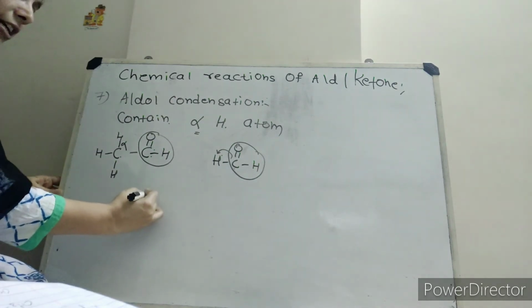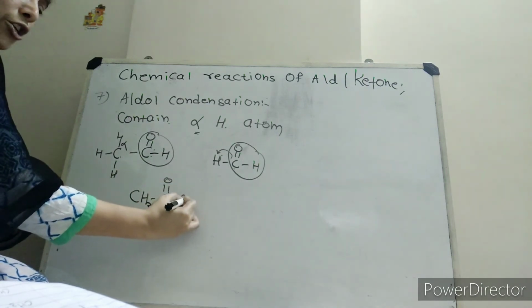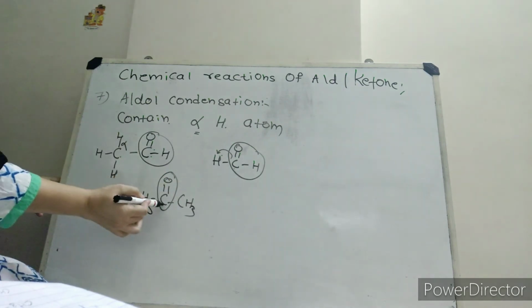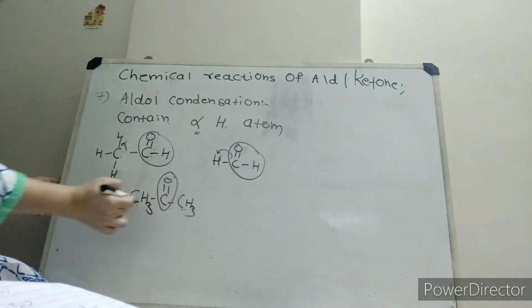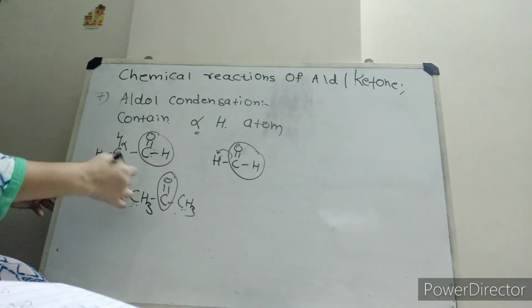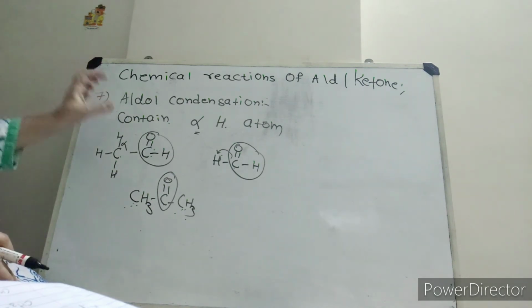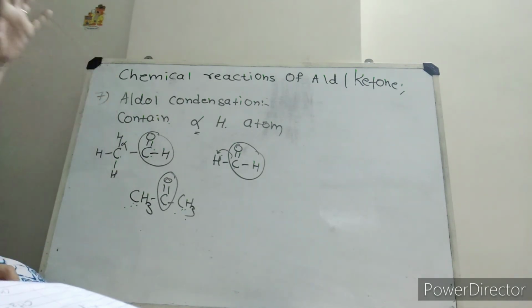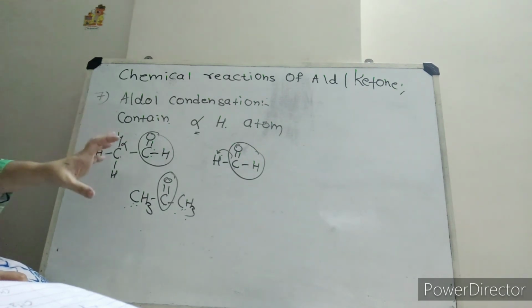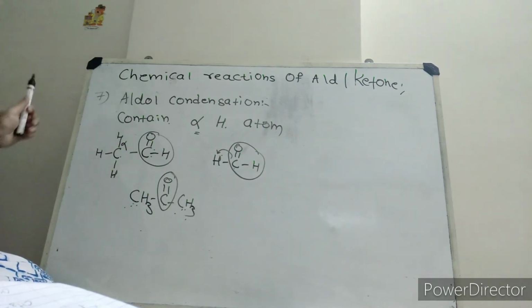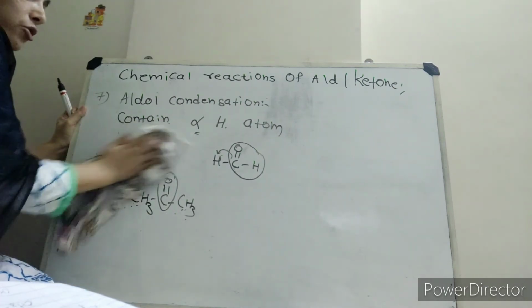Why acetone? Because acetone's formula is CH3COCH3, and C=O is the functional group. Both sides have alpha carbon atoms, and the alpha carbons are attached to hydrogens also, so alpha hydrogen atoms are possible on both sides. So the aldol condensation is given by aldehydes as well as ketones, but only those aldehydes which contain an alpha hydrogen atom. Suppose I take, it is a two-step reaction.